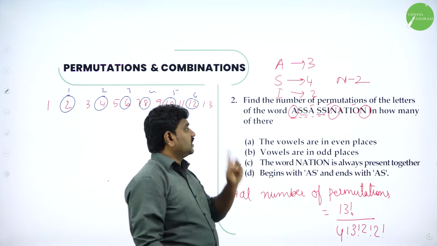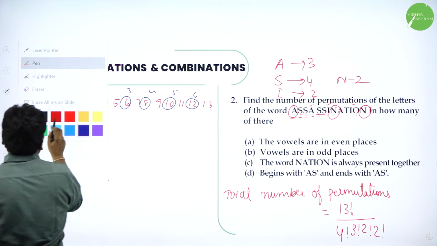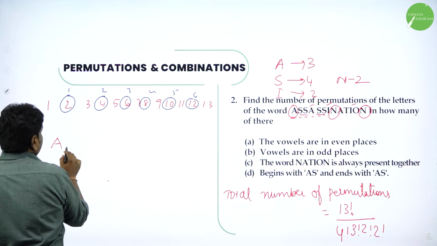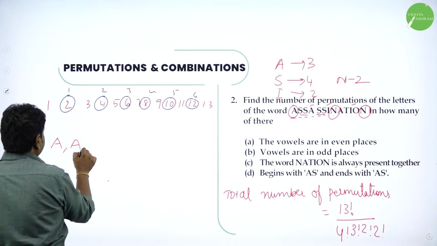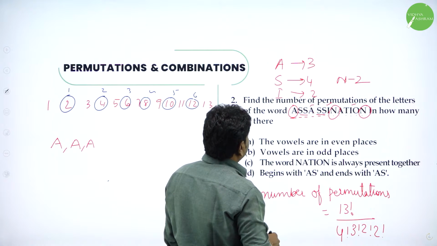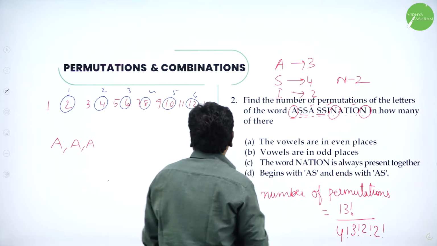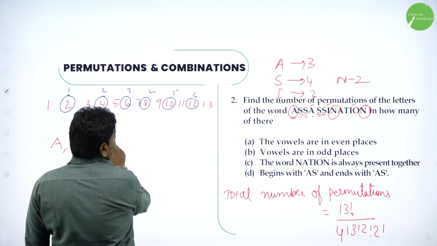So how many vowels are there here? First I'll write the vowels. What are the vowels here? A is a vowel and A occurred 3 times. Then we have I, which is also a vowel. I occurred, sorry, 2 times.